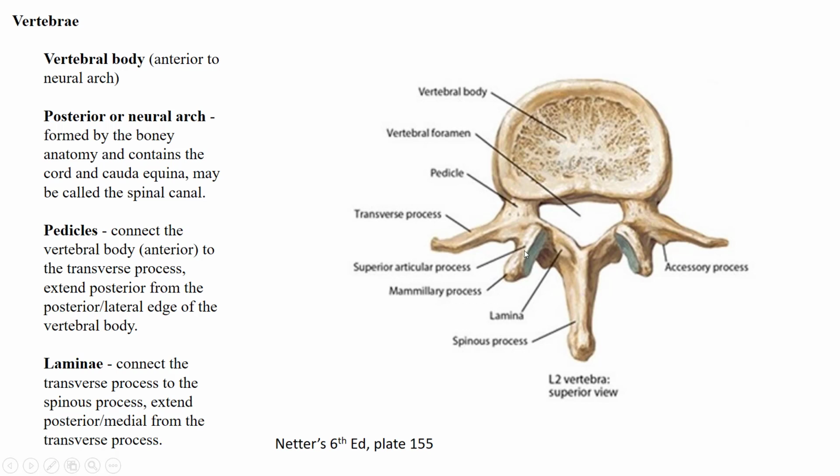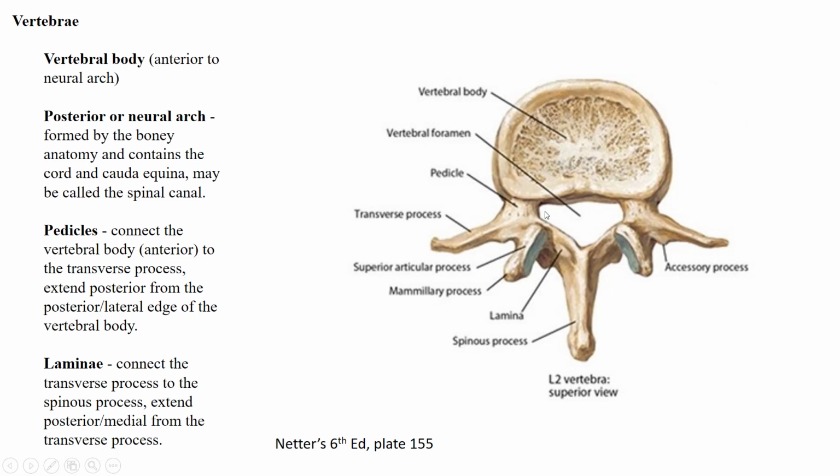And we have some other smaller processes here. We're not going to worry about most of them except for the superior articulating process here. And this allows this vertebra to connect with the vertebral body from above. And there's an inferior articulating process that faces anteriorly so that these two processes can sit and rest against one another.